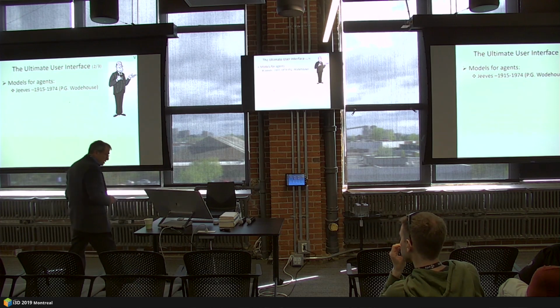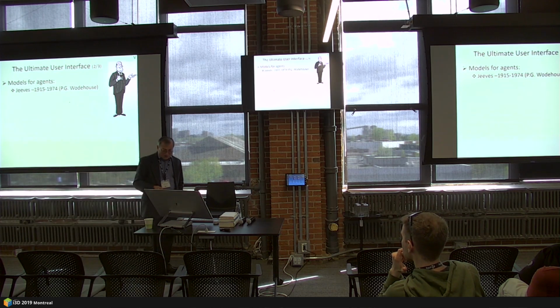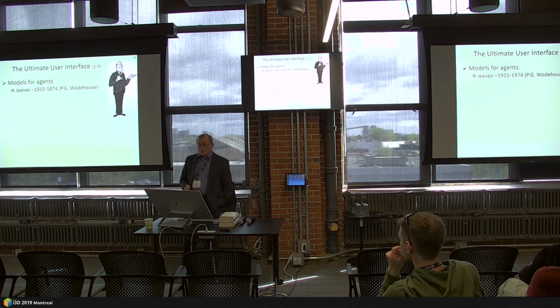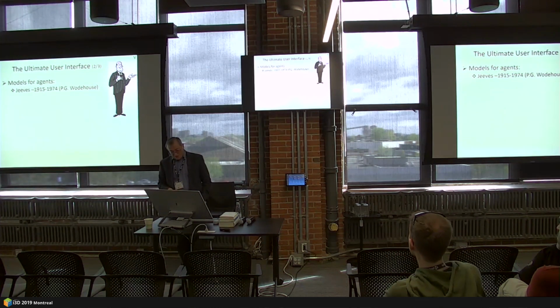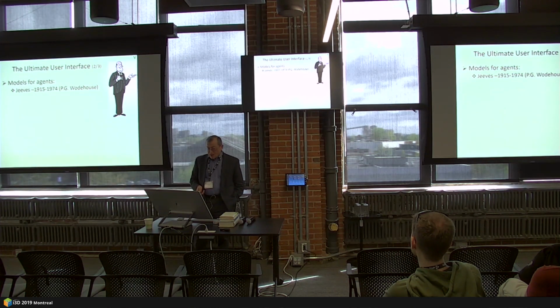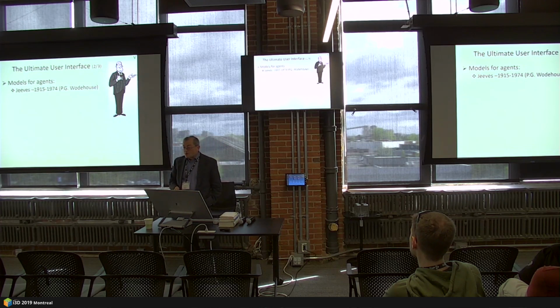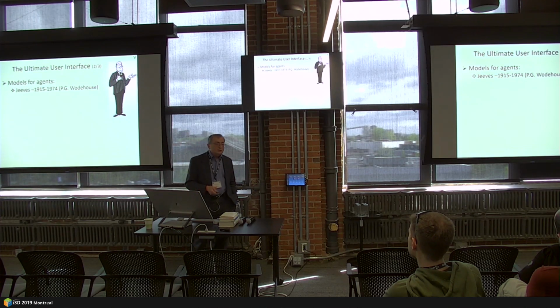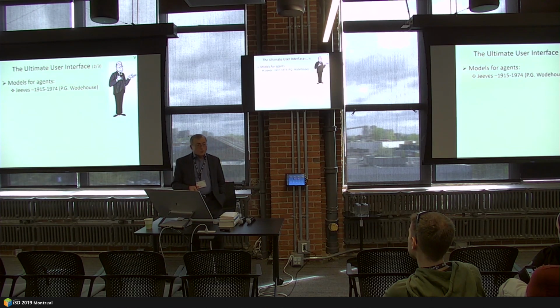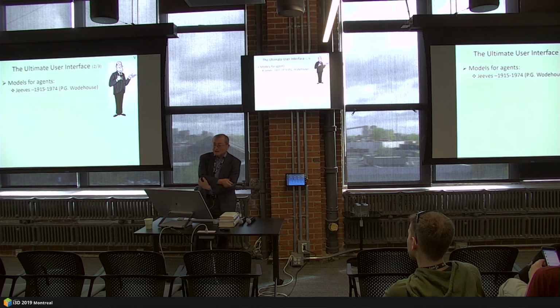And my model here is a character out of a set of very formulaic stories that I just love by P.G. Wodehouse, where Jeeves is the perfect butler who knows all the idiosyncrasies of his master, Bertie, who is an upper-class twit in the classic British sense. That was wonderfully satirized by Monty Python.